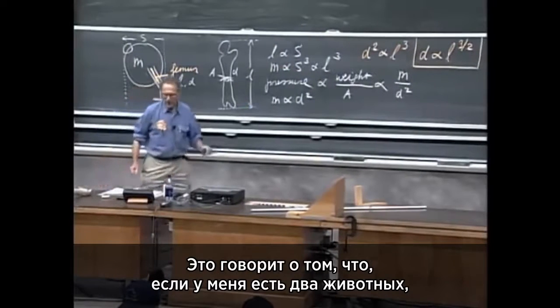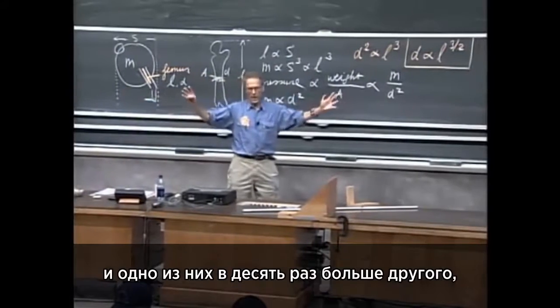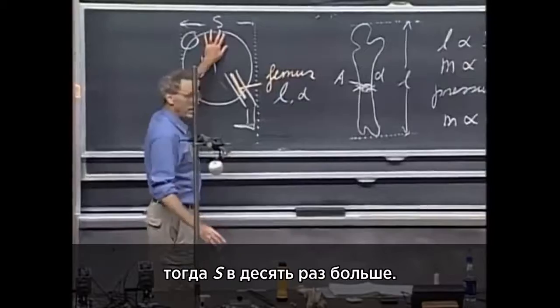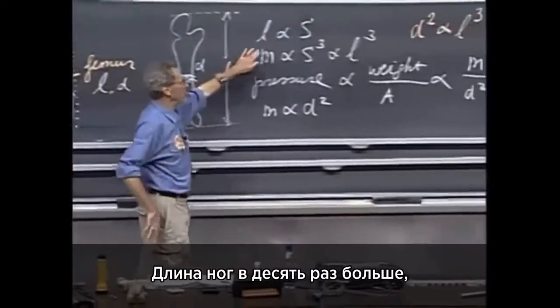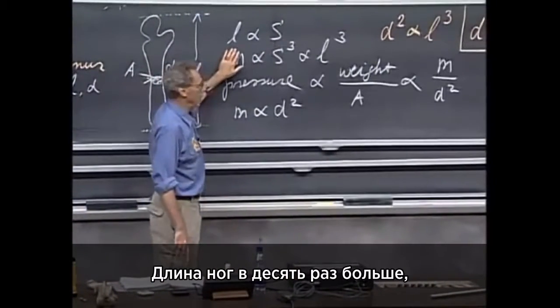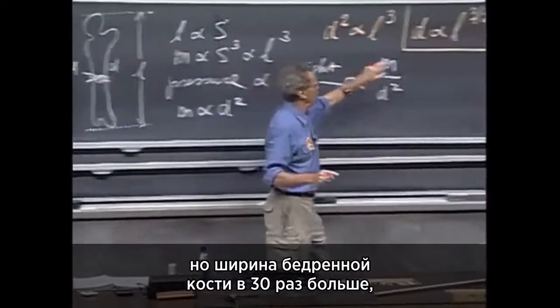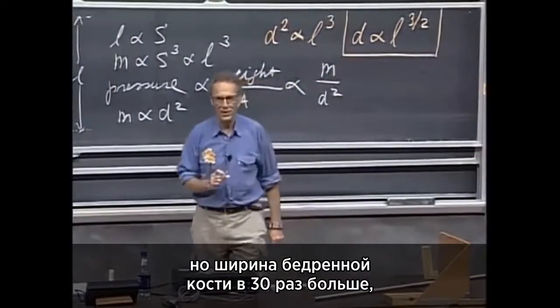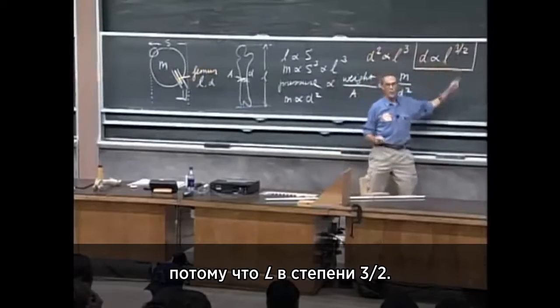It tells you that if I have two animals, and one is 10 times larger than the other, that size is 10 times larger. That the lengths of the legs are 10 times larger, but that the thickness of the femur is 30 times larger, because it is L to the power 3/2.